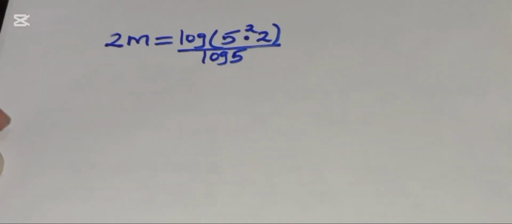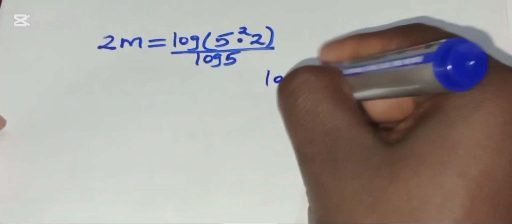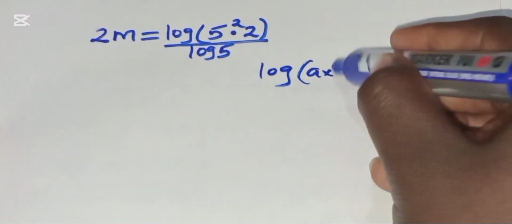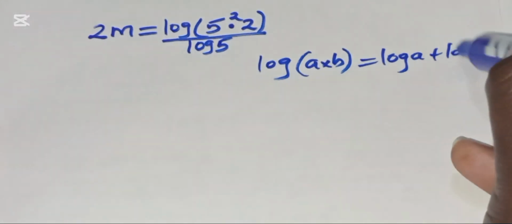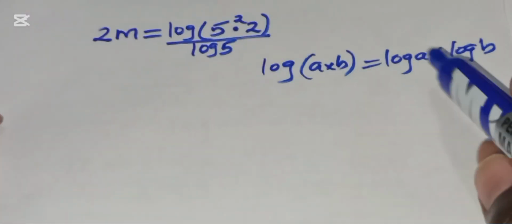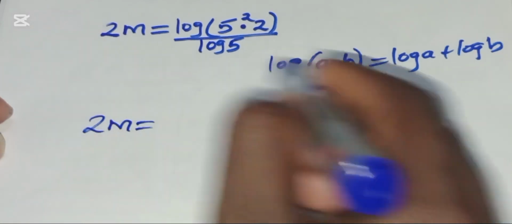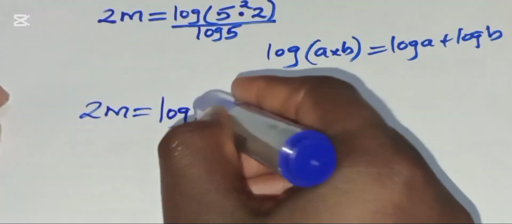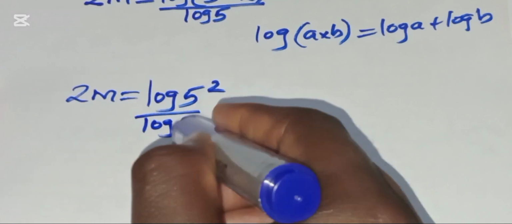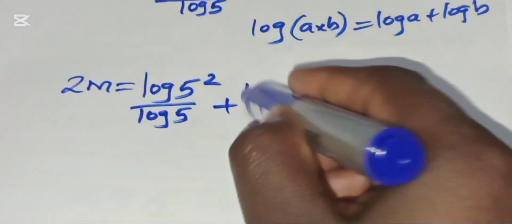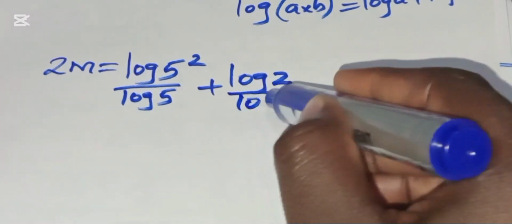Now log of 5 to the power 2 multiplied by 2 is in the form of log a multiplied by b, which we can express as log a plus log b. Let's apply this logarithm property, so that we'll have 2m equal to log 5 raised to power 2 divided by log 5, plus log 2 divided by log 5.